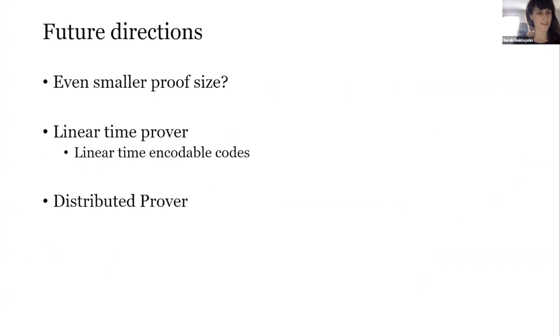Is that something you view as realistic, or is the hope just to get the proof size down? I just hope to get the proof size down, and constant can be super hard to achieve, but currently we are log squared. We can expect log, and concretely we can expect several tens of kilobytes, right?